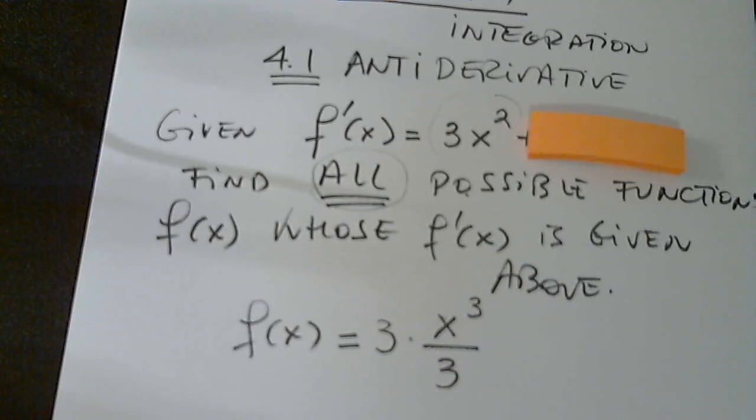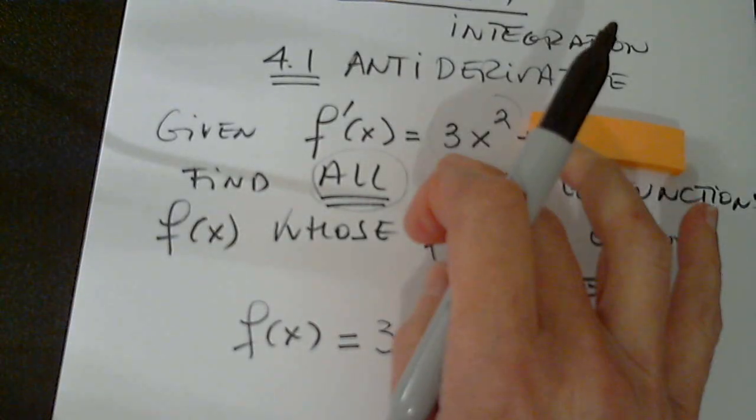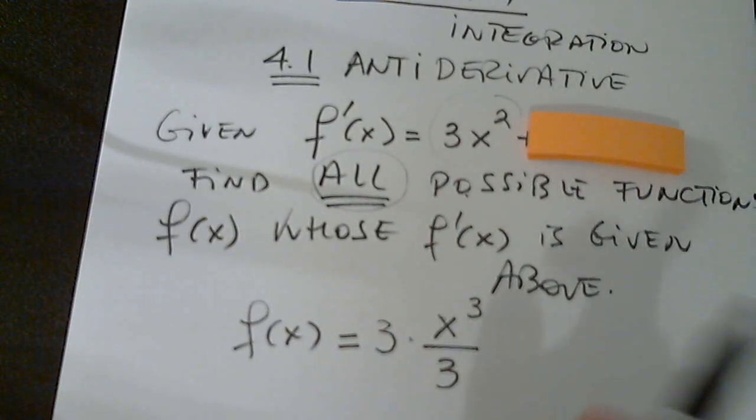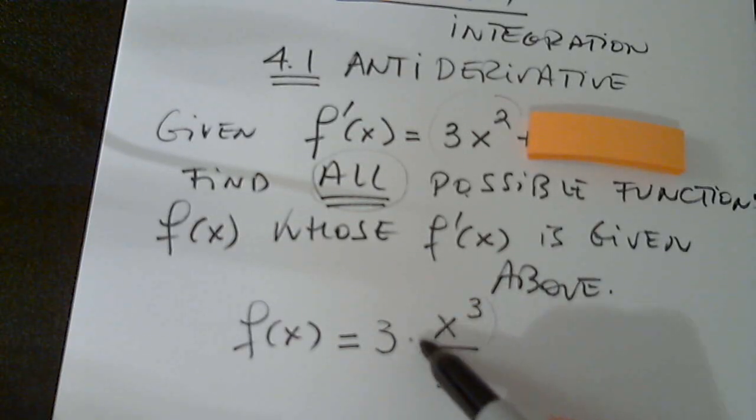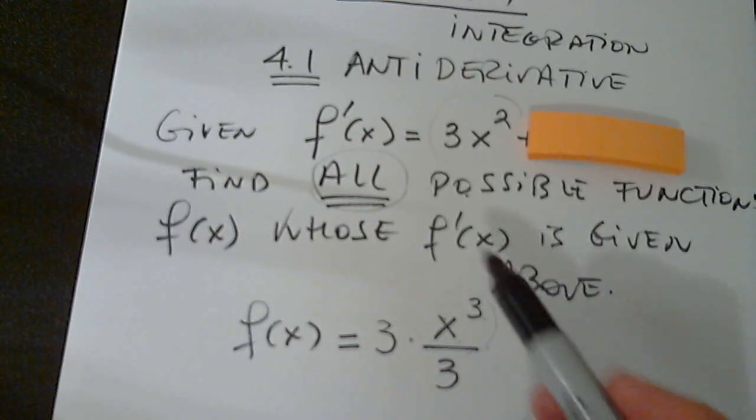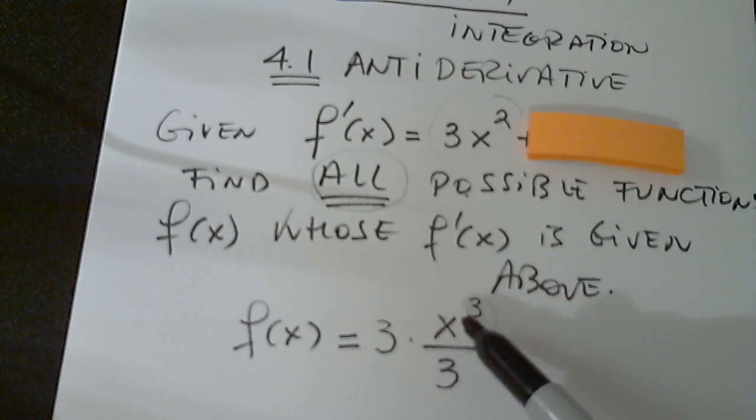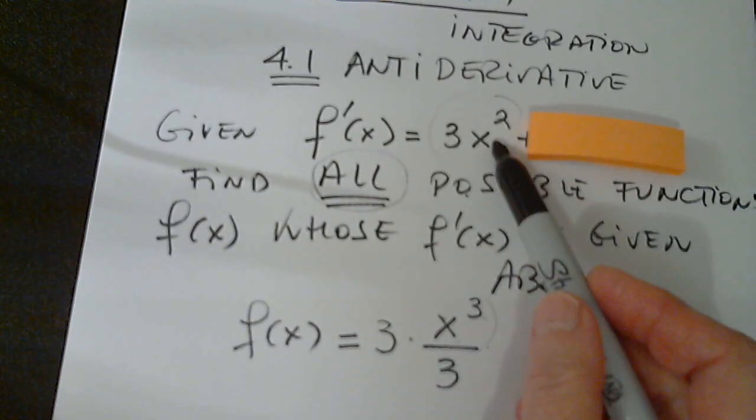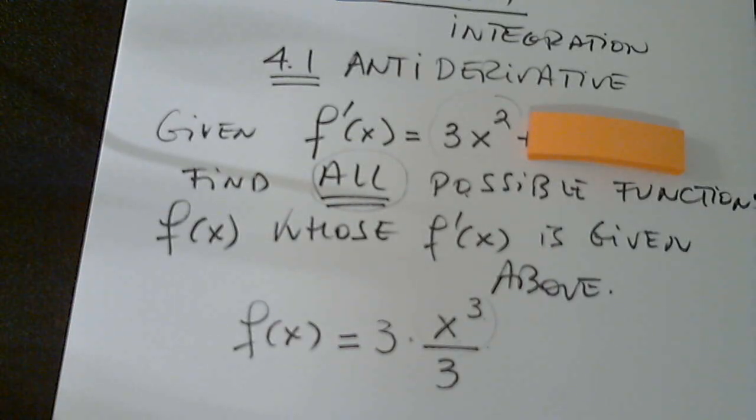Okay, I have to show that the derivative of this is that 3 stays in place, or you can simplify it, it doesn't matter. When I differentiate x cubed, I get 3x squared. Bring down the power, subtract 1 from the power, and I get back 3x squared.